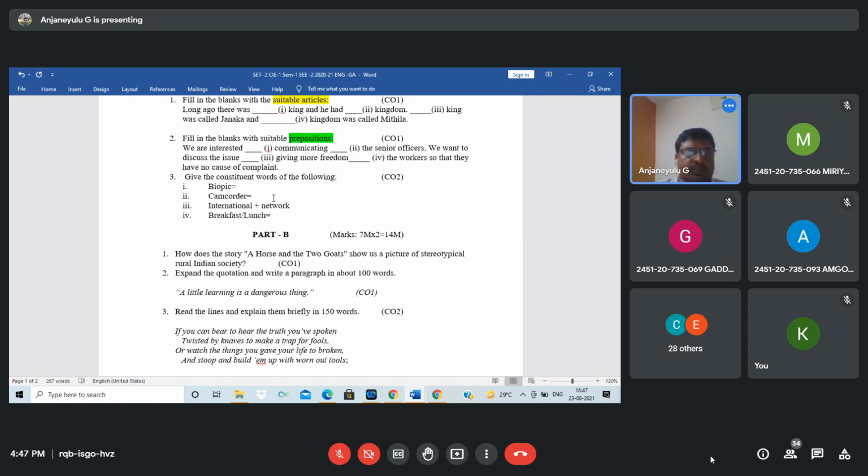Sometimes we know the meaning, but in this context, camcorder is camera plus recorder, which records while taking photos. International plus network, Internet. Breakfast plus lunch, brunch. Exactly.